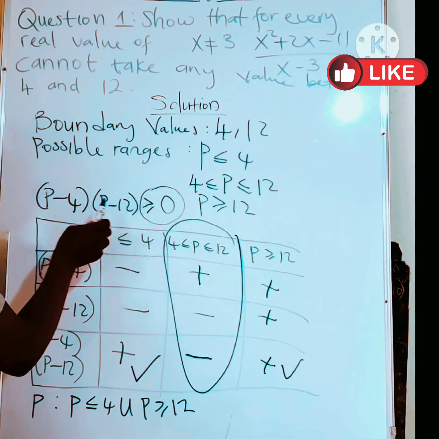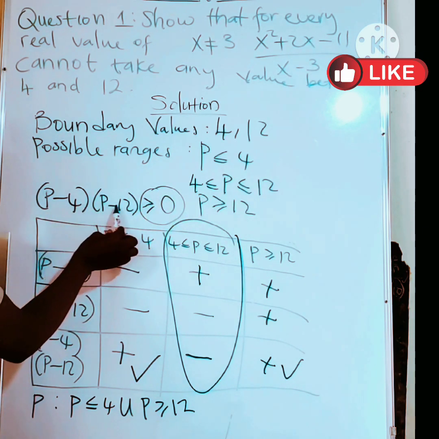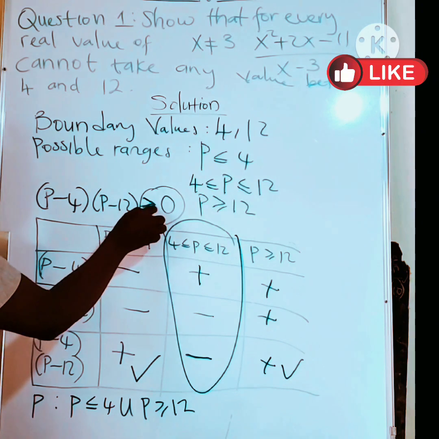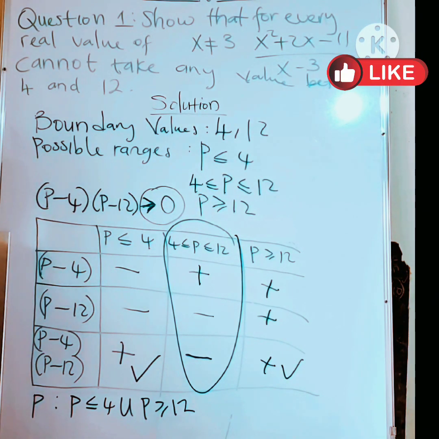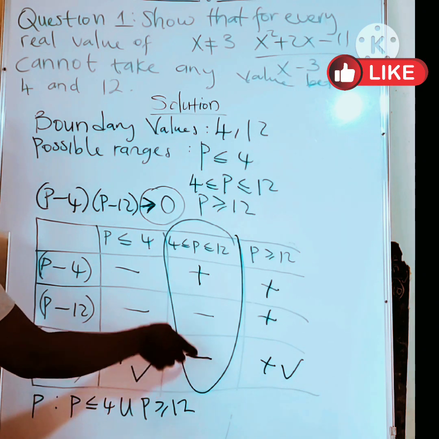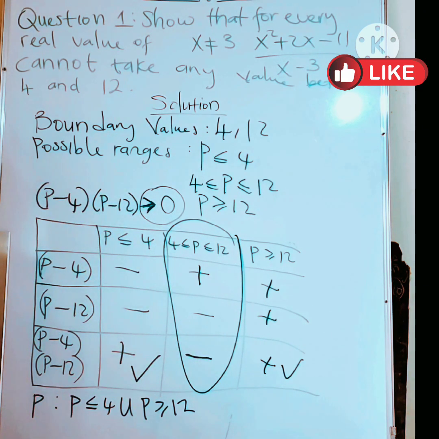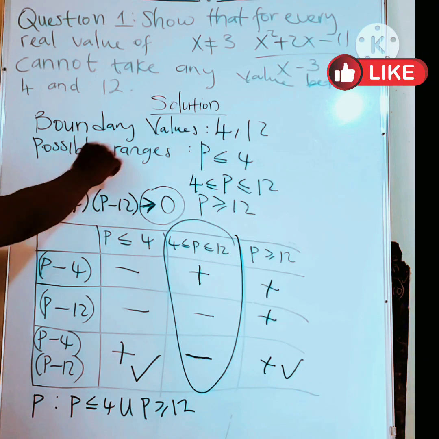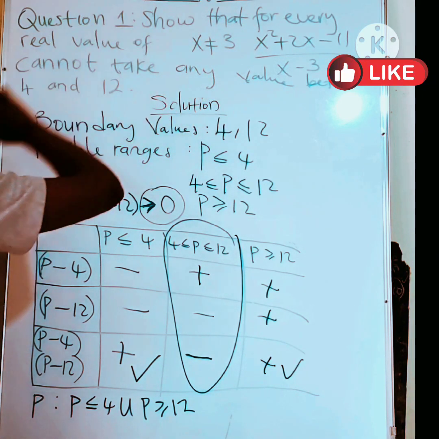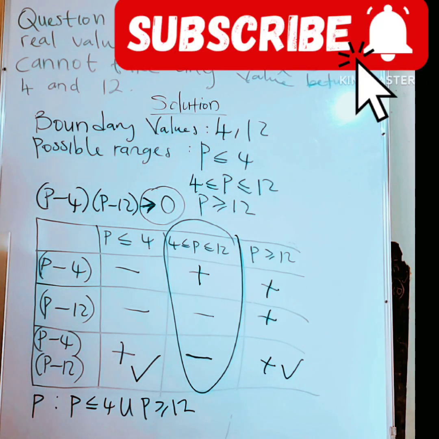Our inequality is (p minus 4) into (p minus 12) greater than or equal to 0, so a positive range. This negative range does not satisfy this inequality. So this is the proof to show that this expression cannot take any value between 4 and 12.